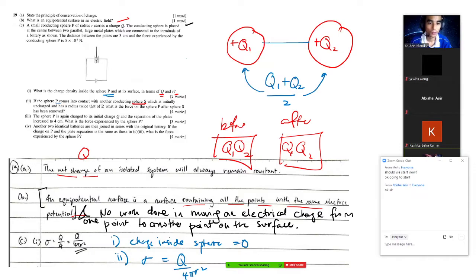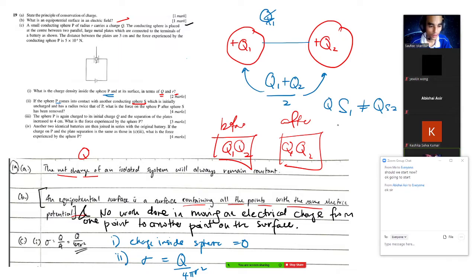Okay, so Q1. Okay, I say this is sphere 1. The charge Q on sphere 1 will not be the same as the charge Q on sphere 2 after the wires are connected.